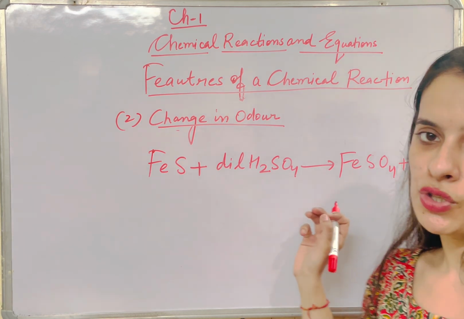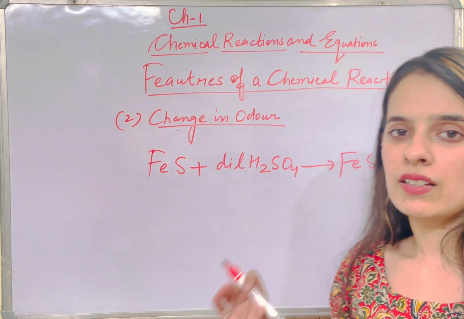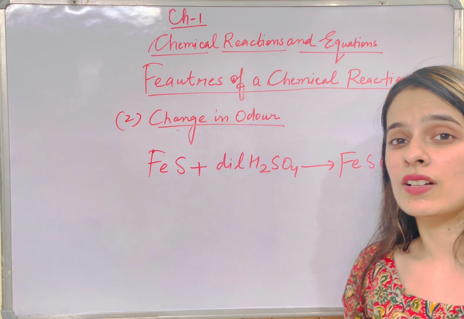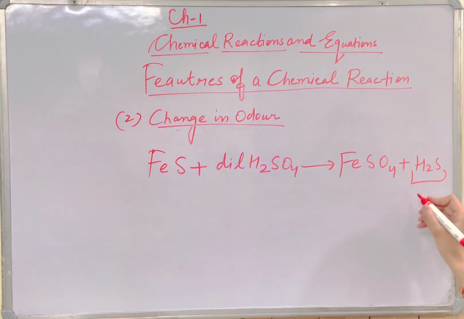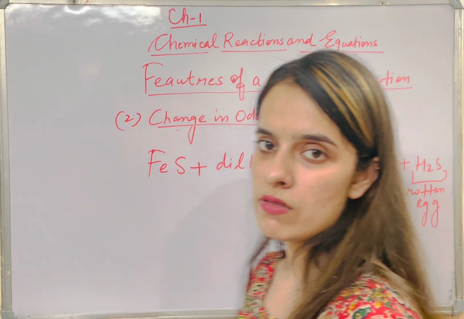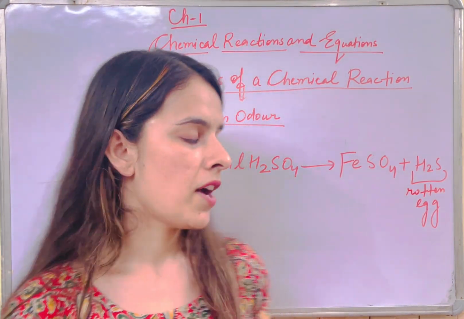Because of the formation of this hydrogen sulfide, an odor starts coming, that is the rotten egg smell. It has turned into a rotten egg. So this is also an example of change in odor. There is one more example.